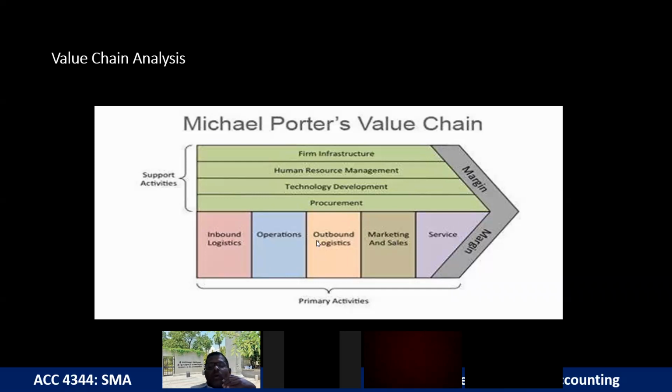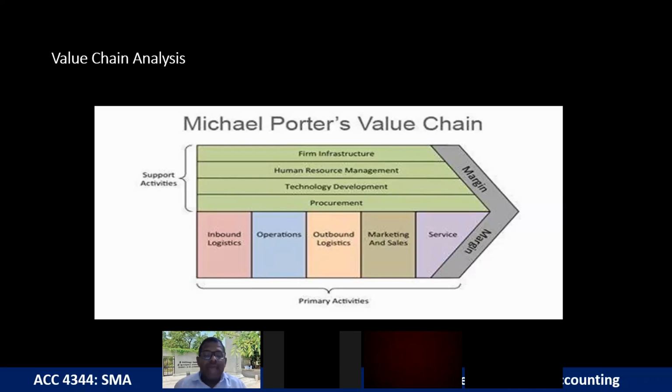All these primary activities take place with supporting activities. The firm should have infrastructure, maybe IT support, raw material support, a network, supply network, bank facilities, etc. Firm infrastructure is much more important.